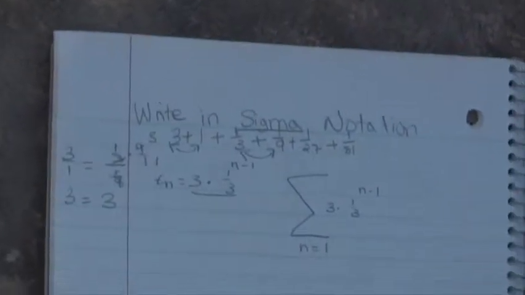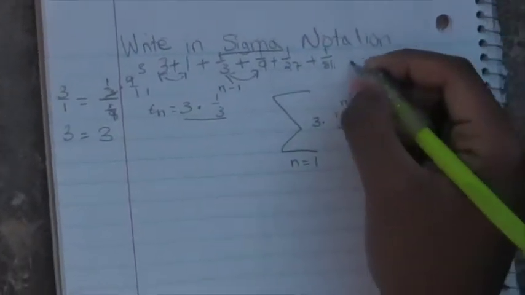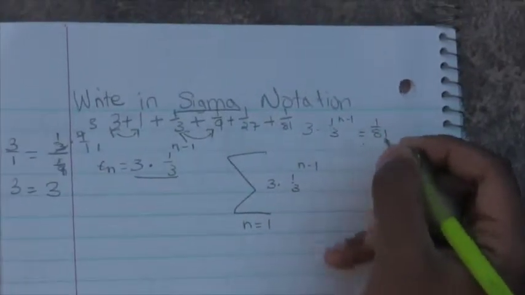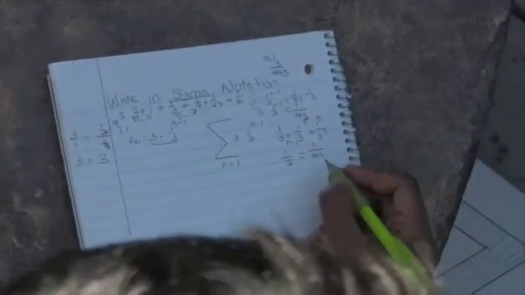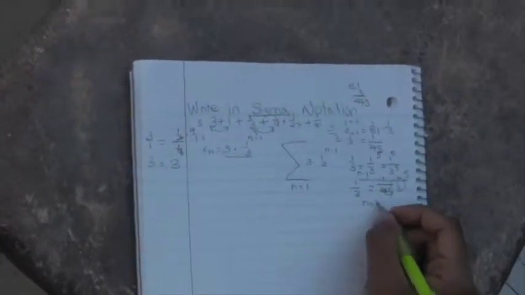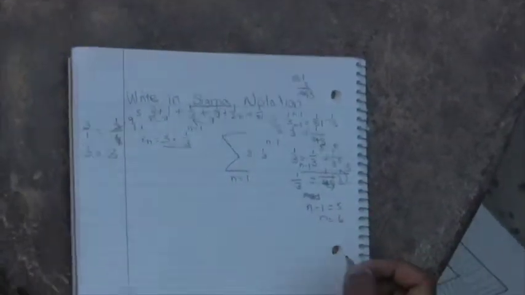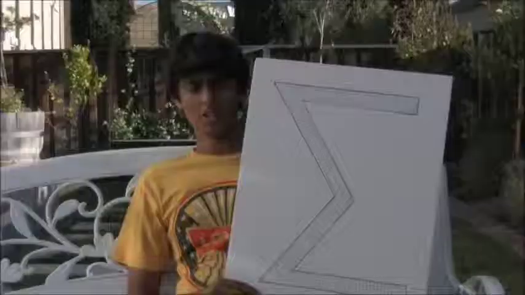So just like the last one with the easy one, we're just going to do it algebraically. So 3 times 1/3 to the n minus 1 is equal to 1/81. So 1/3 to the n minus 1 is equal to 1/3 to the 5. So now that you know that n minus 1 equals 5, n is equal to 6. So the top number here is going to be 6, and that is going to be your answer.